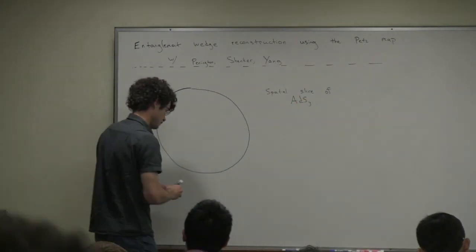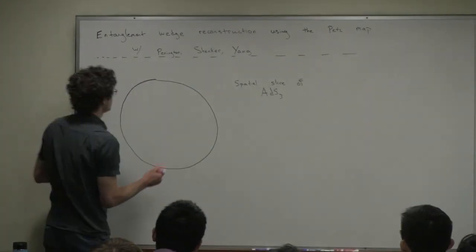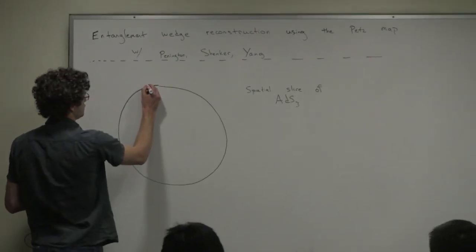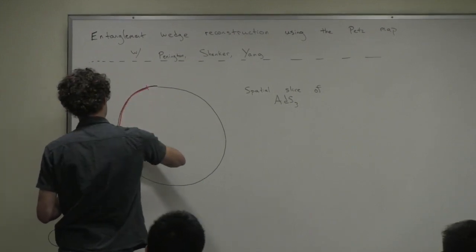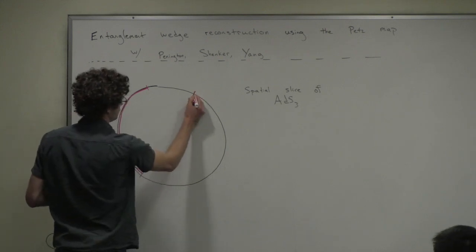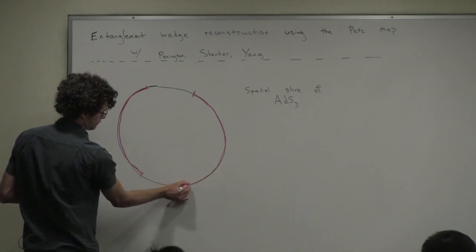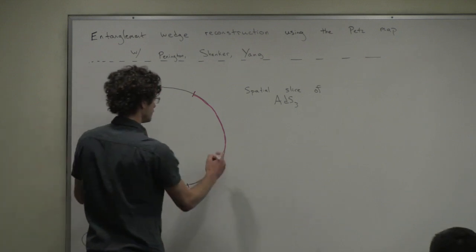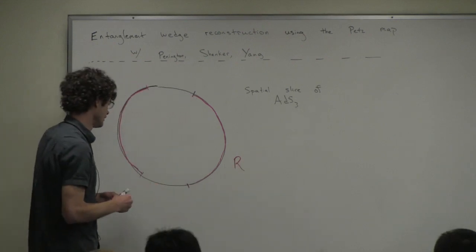And let's imagine that we divide the boundary up as follows. We take this red region here, these two red regions, and I'll call these red regions R, R for red at the moment.